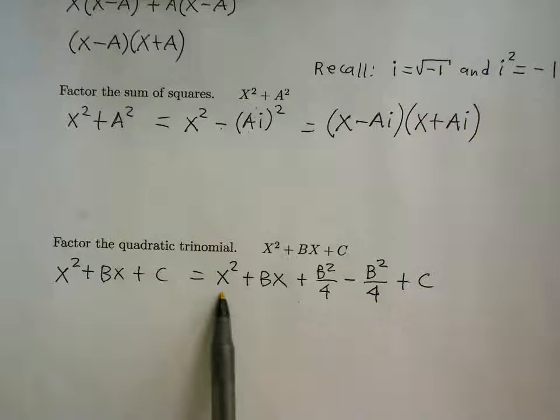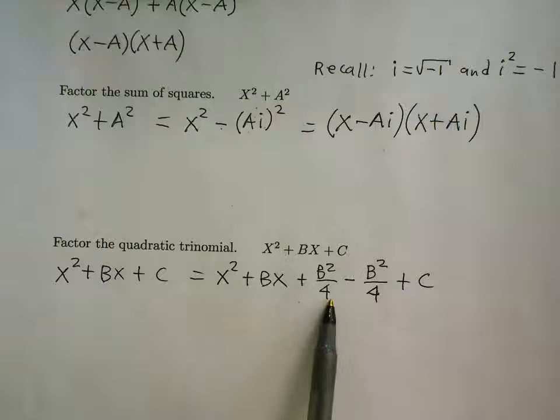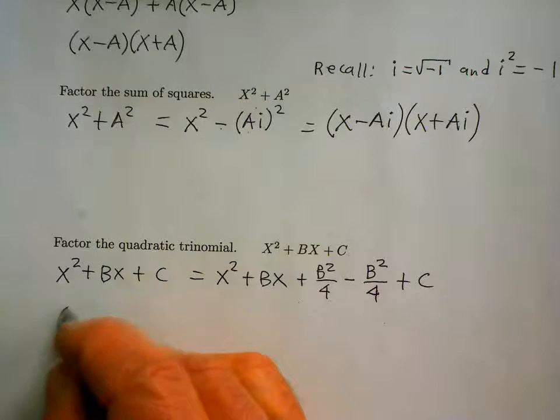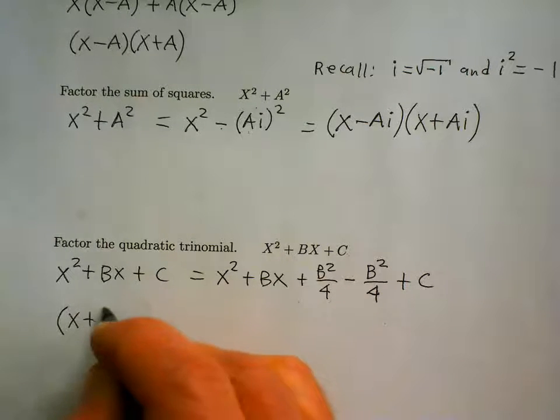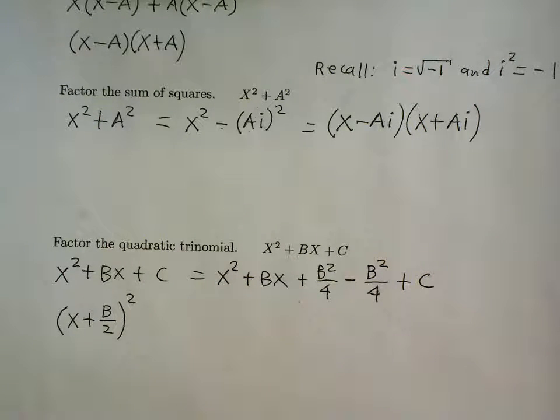Okay, now we have a perfect square trinomial, x squared plus bx plus b to the second over 4. So we can write that as x plus b over 2 quantity squared.